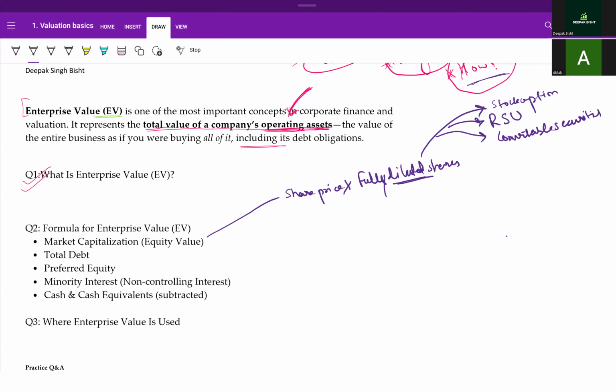So this total debt actually includes long-term debt and the short-term debt.